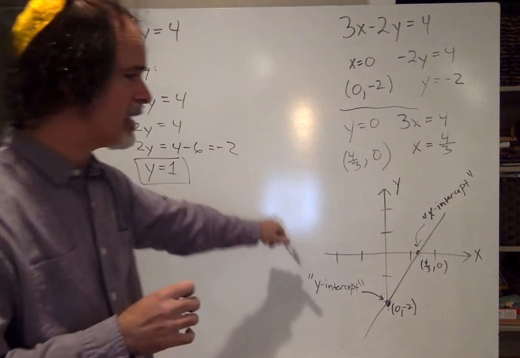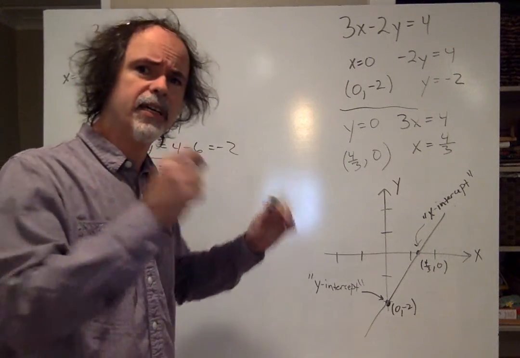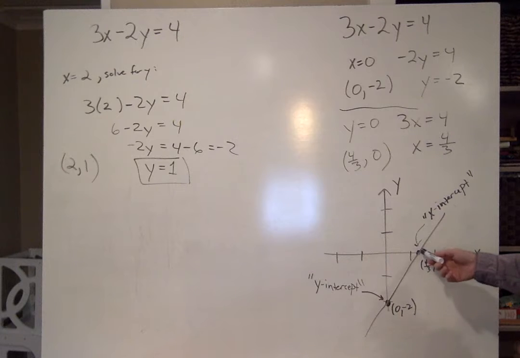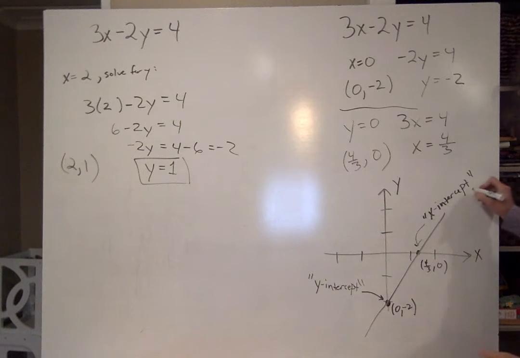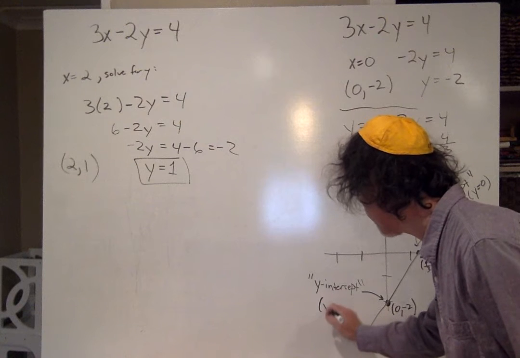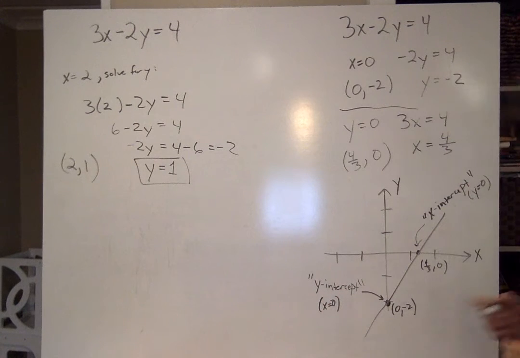This idea of putting in the zeros will give you, when y is 0, you get the x-intercept. And when x is 0, you get the y-intercept. And those 2 points will give you the line.